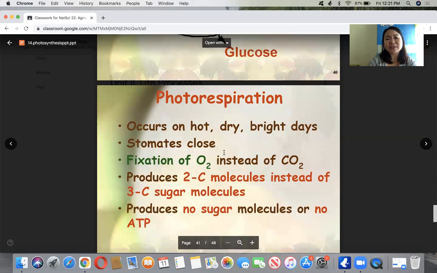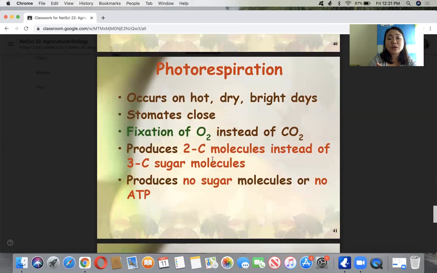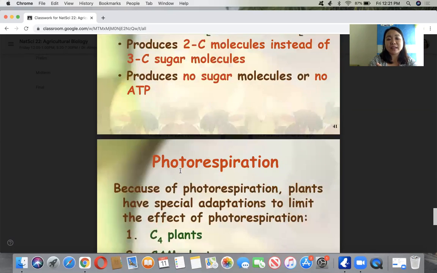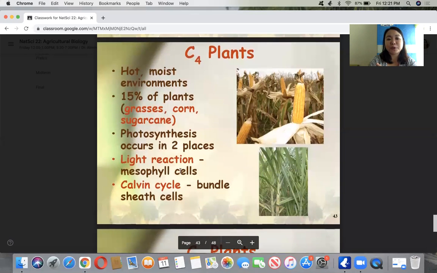This occurs in very hot, dry conditions, because of which the stomata will close in order to fix oxygen instead of carbon dioxide. Therefore, only 2 carbon molecules can be fixed. So these are the C4 plants.